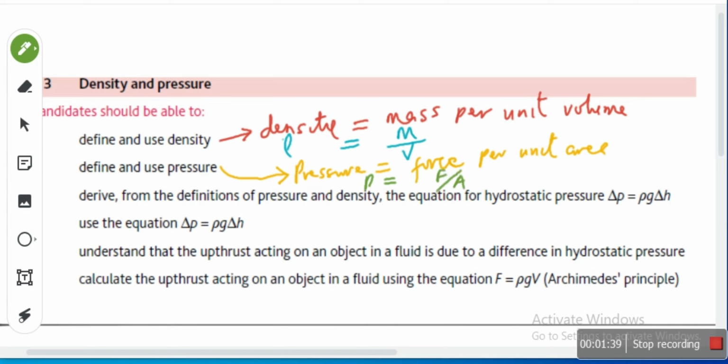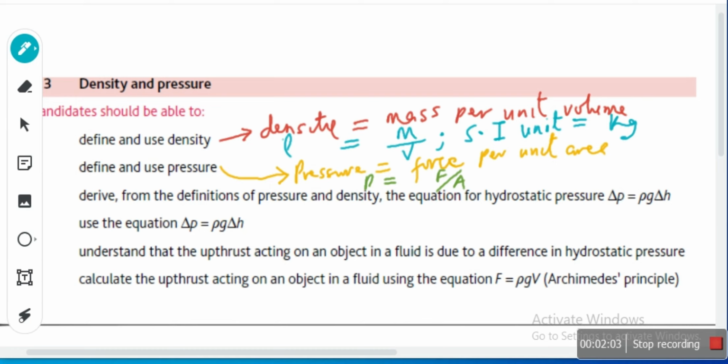So what should be the SI unit of density? If it is mass over volume, what should be the SI unit? Kg per meter cube, correct, both of you.